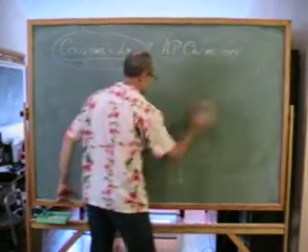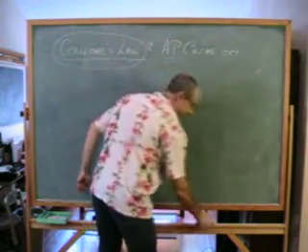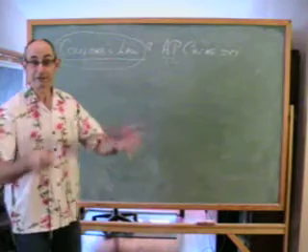Coulomb predates Dalton, so physicists and natural philosophers knew all about charge well before chemists even knew that atoms existed.